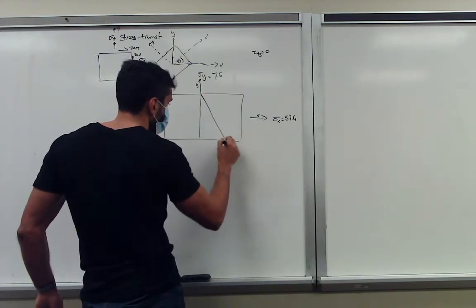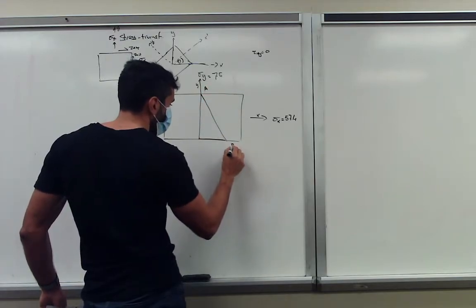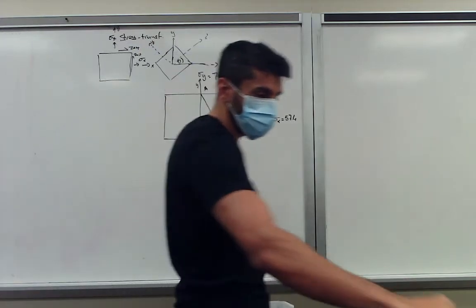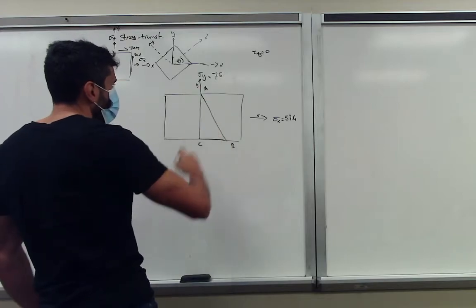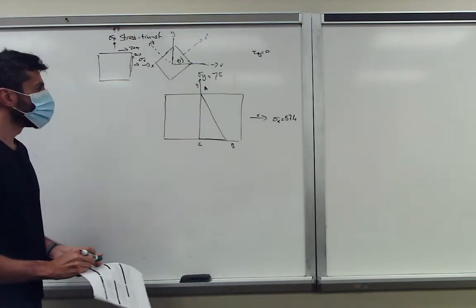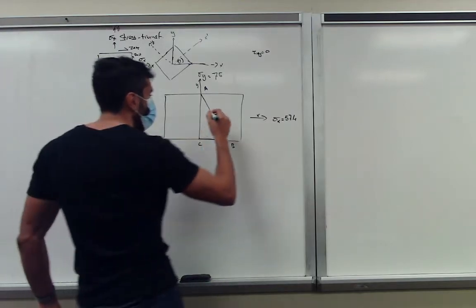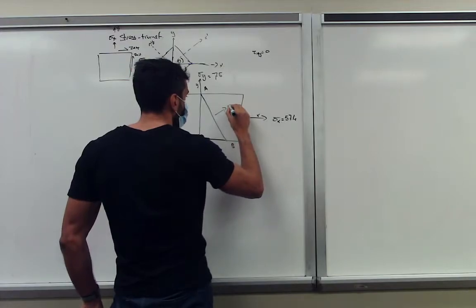And it tells you, okay, well, we can define a rectangle, A, B, and C. And the idea is to find the stresses that act on our segment AB. So if we draw our stresses in the normal direction, that will be our sigma n.